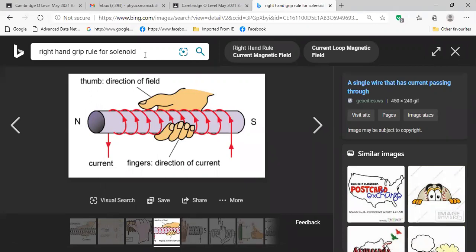Then draw this diagram. Look, the other fingers show the direction of current, and the thumb shows the direction of the north pole. Is it clear? Exactly this way you draw.